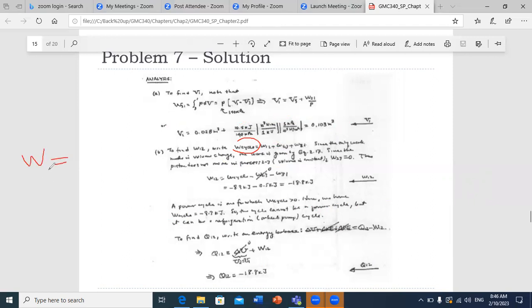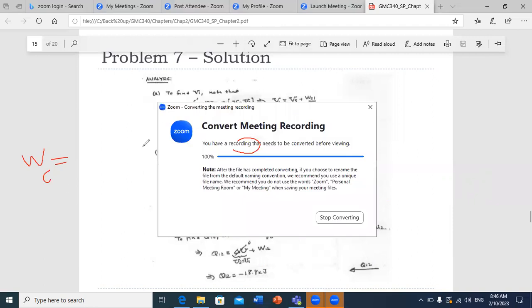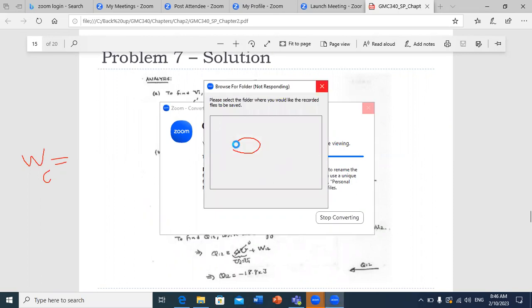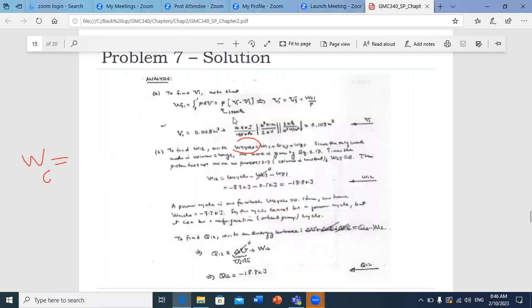So W cycle is equal to W from 1 to 2 plus W from 2 to 3 plus W from 3 to 1.